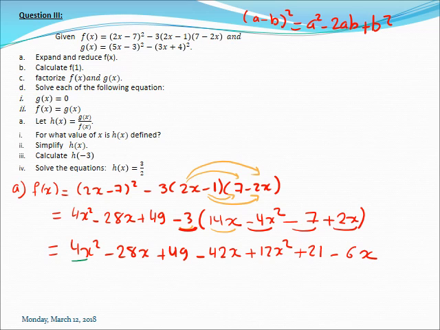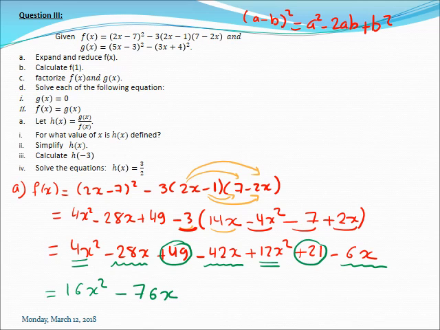Now what? 4x square plus 12x square, 16x square, minus 28x minus 42x minus 6x give minus 76x, plus 49 plus 21 give 70.